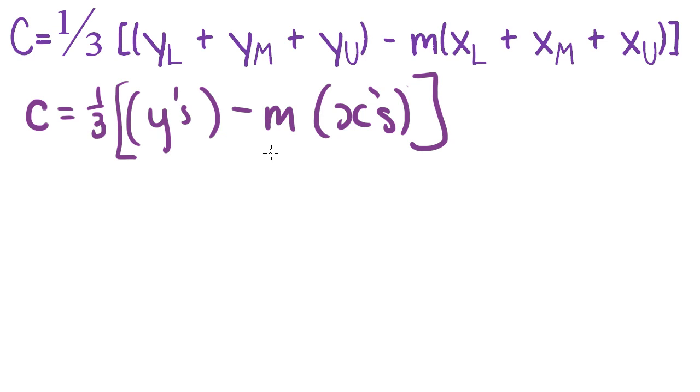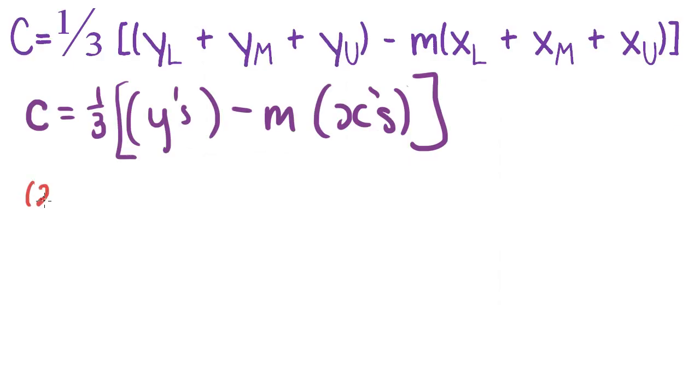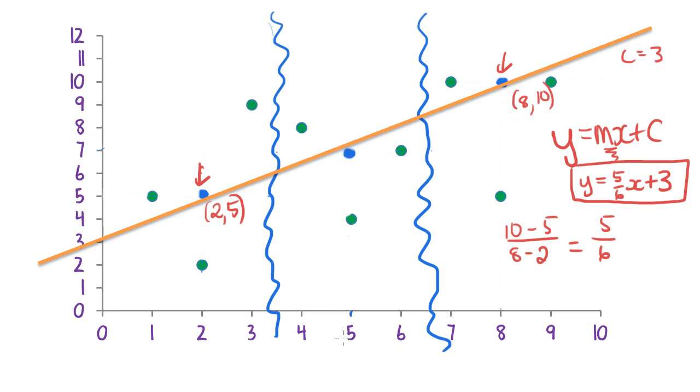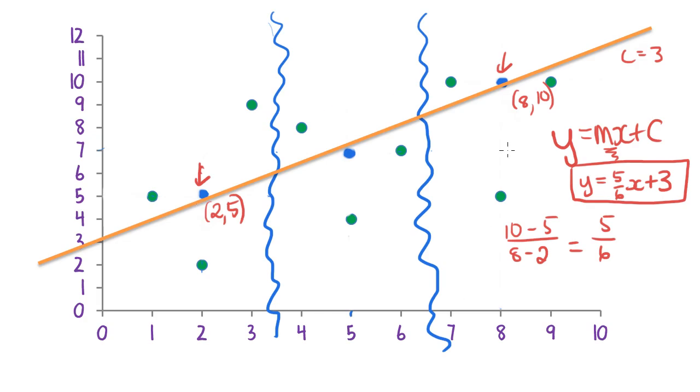To do this, we're going to need those 3 coordinate points from our graph. So the left-hand one was 2, 5. The middle one here was at the coordinate 5, 7. And this third one, the far right one, was at the coordinate 8, 10.